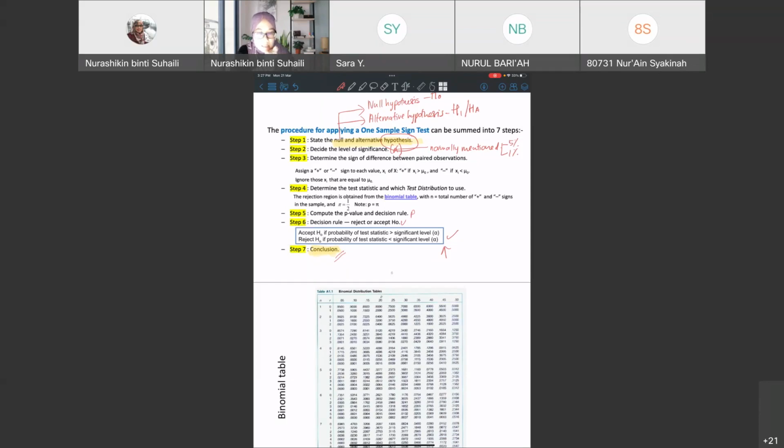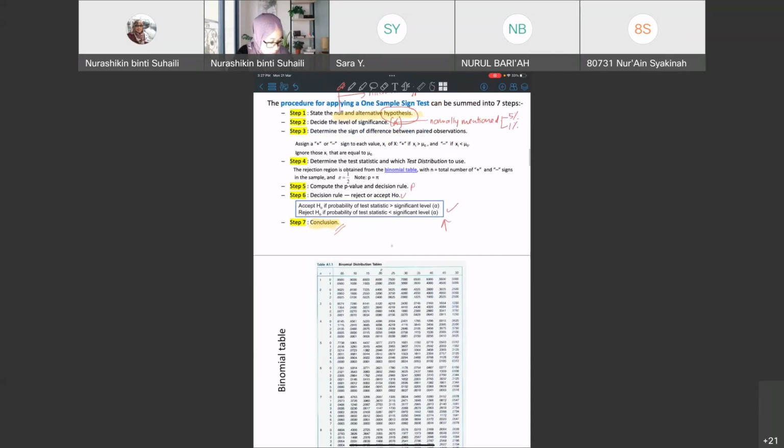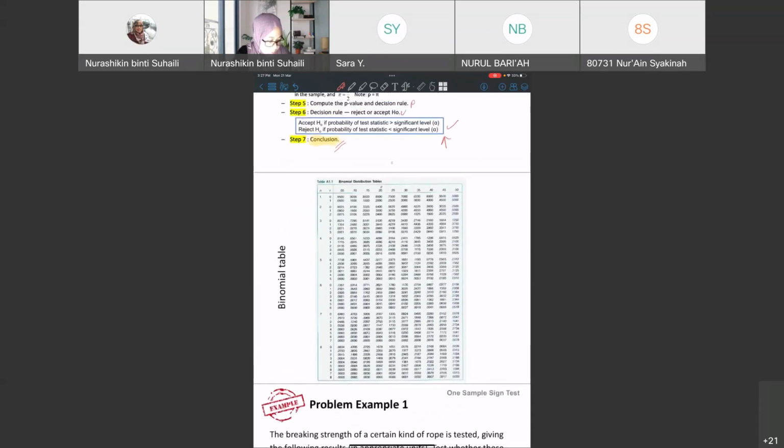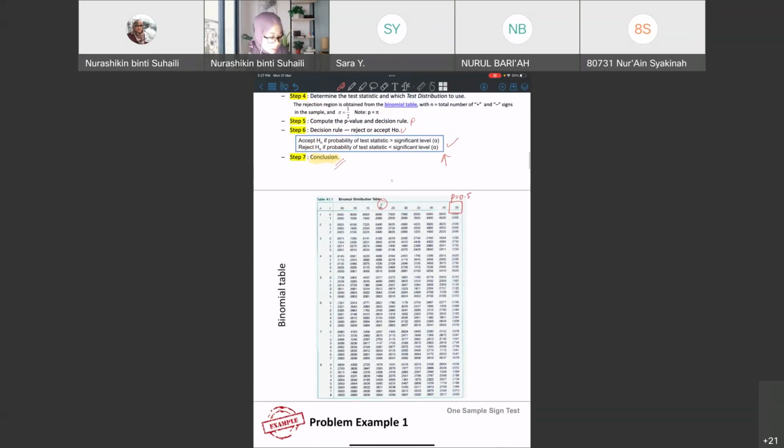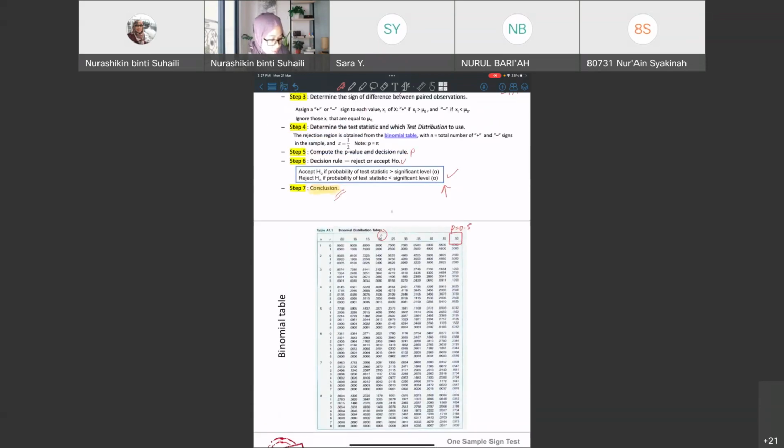Okay, so those are the 7 steps in solving the Sine test. Okay, so this is the binomial table. For this binomial table, what you have to refer to for this test is only this actually, P equal to 0.5. This P is different. This P is not the P that you are looking for in step 5, it's a bit confusing, I know, but this P belongs to the table.